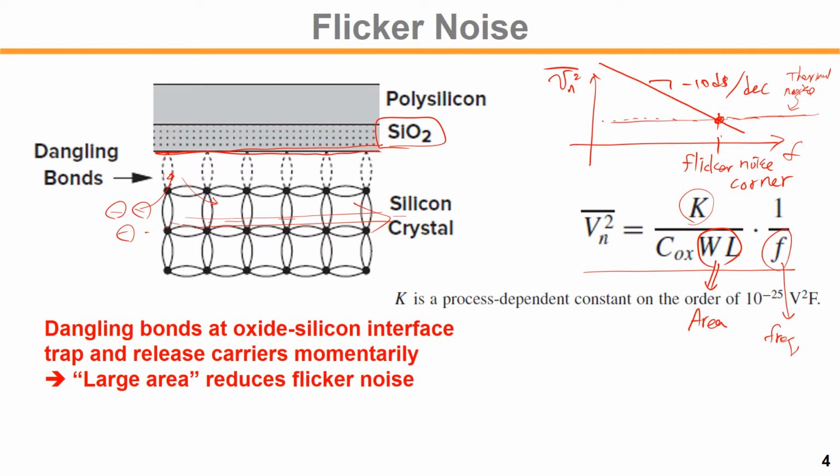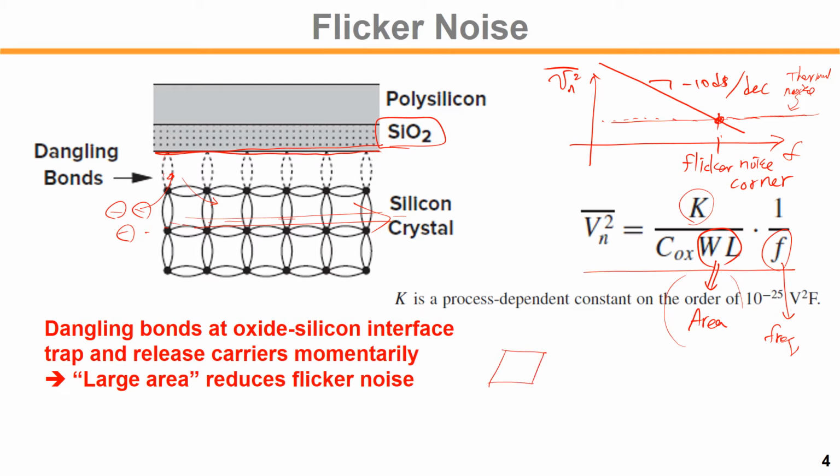So what we can do to reduce flicker noise is to make a large area. If you make a large area, this trapping and releasing of mobile carriers is averaged. The averaged trapping and releasing action results in lower noise.